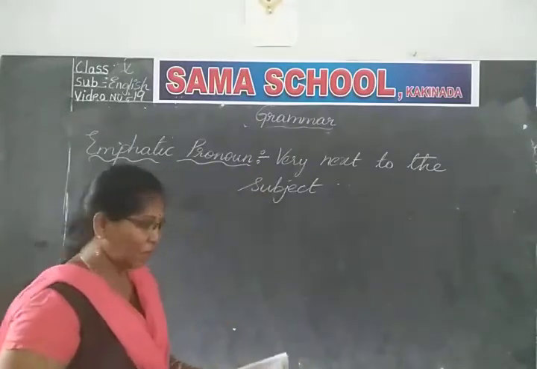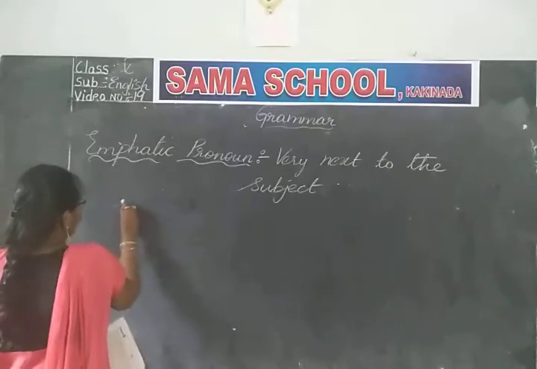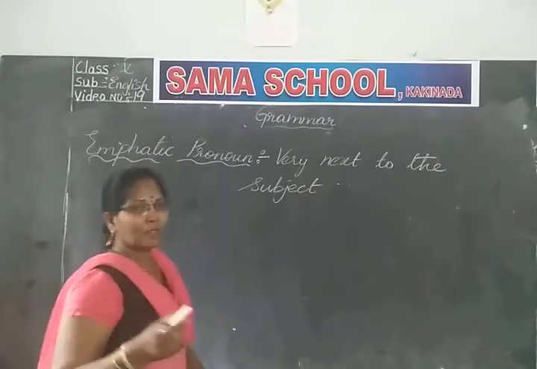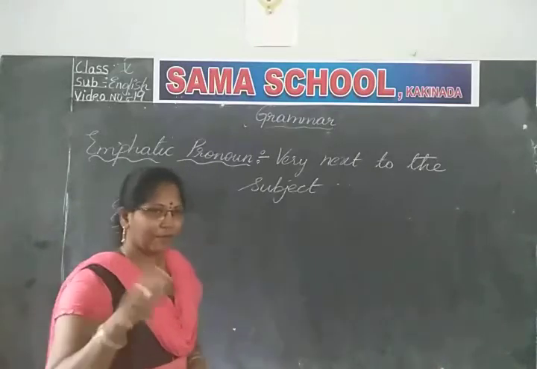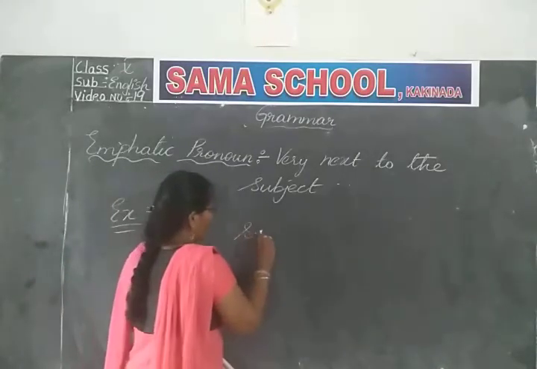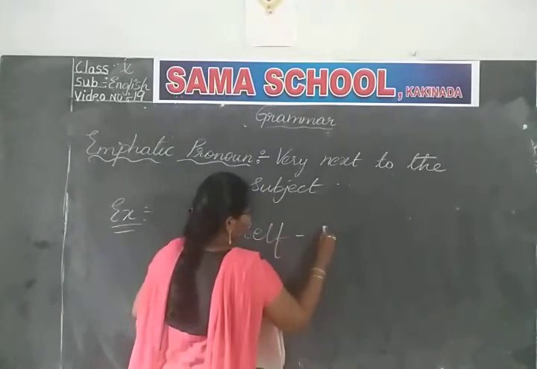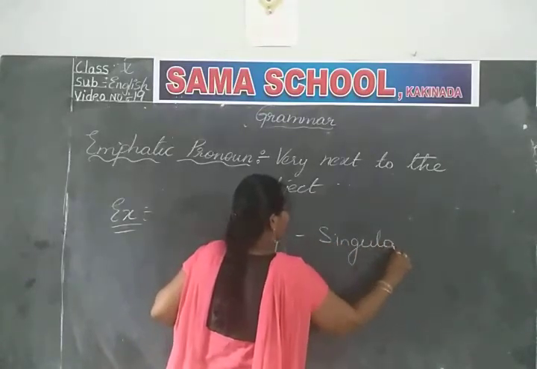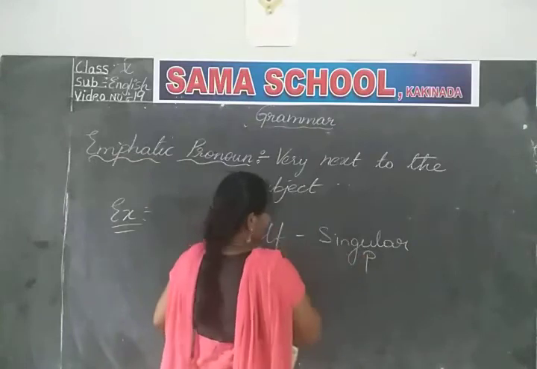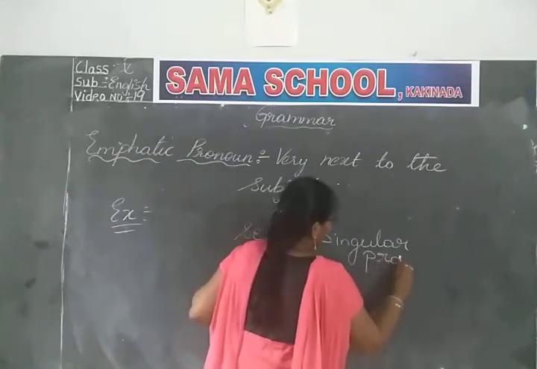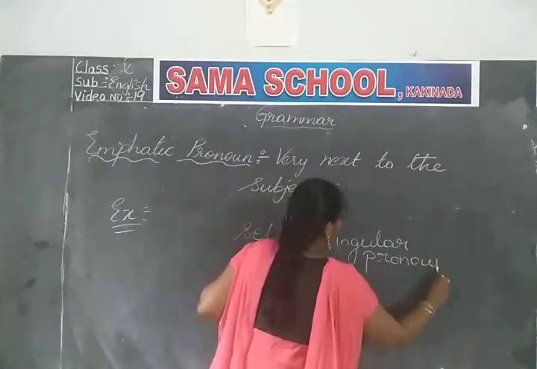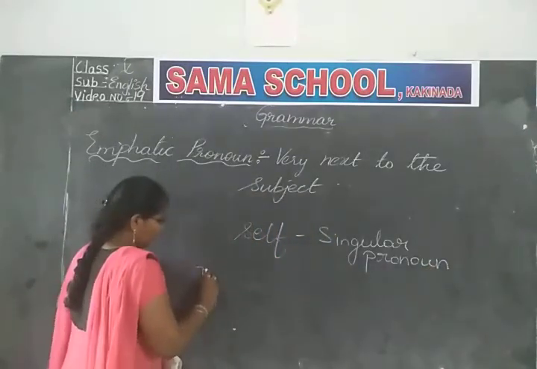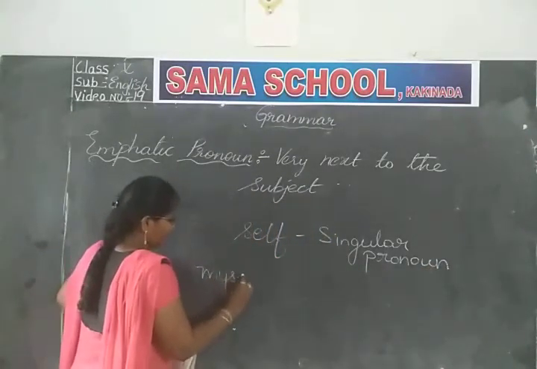Okay children? With the support of the example, before that I already told you we have pronouns both in singular and plural. If the word is ending with SELF, we call it a singular pronoun. Like the example I told you, my plus self, myself.